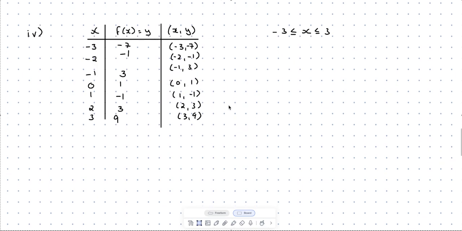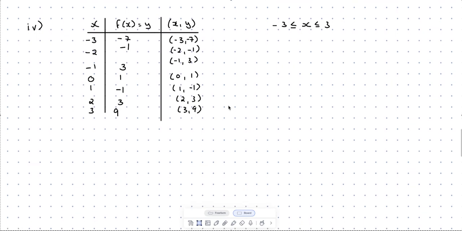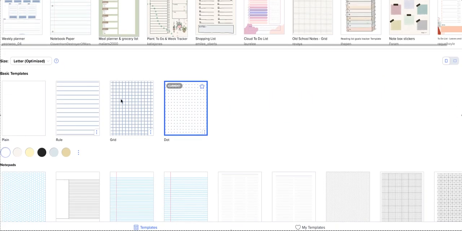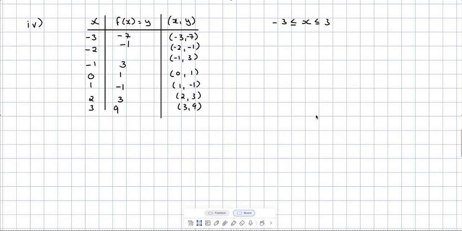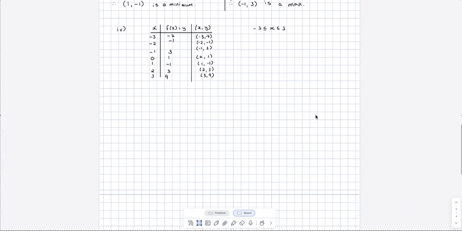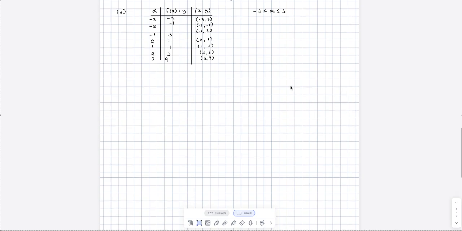And now we're going to sketch it out. So you need to use graph paper. I'm going to temporarily switch my template into graph paper because I want to model best practice for you. I'm going to zoom out so I can see that on the screen at the same time. And I'm going to have to draw my x and my y axis. Please use a ruler if you're drawing these in the exam.